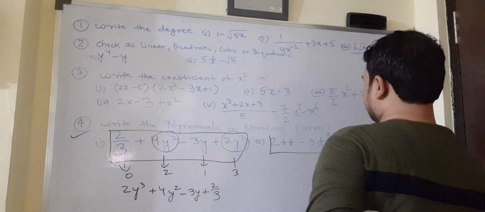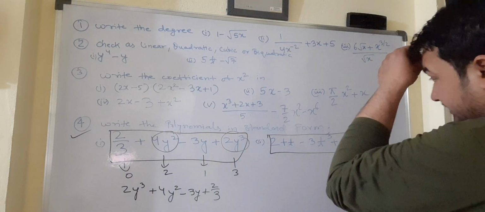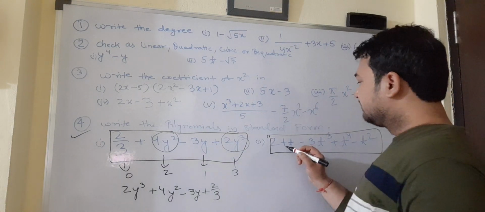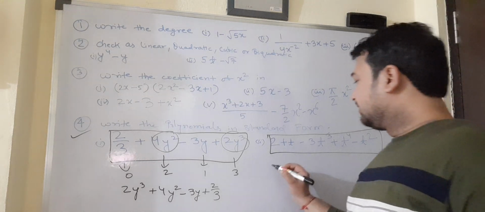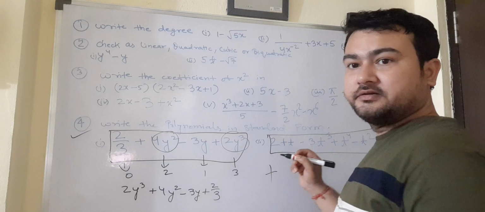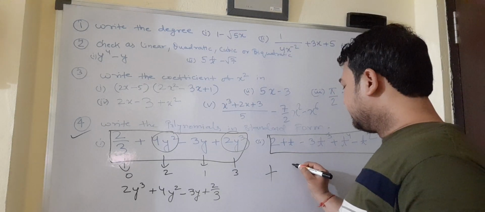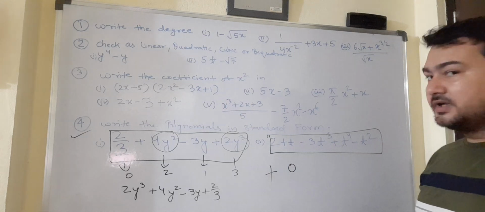Another question is you have to arrange the polynomial in standard form. For this, I must tell you, in maths, never write t like this and never write 0 like this. Otherwise, it will always be confusing for you.